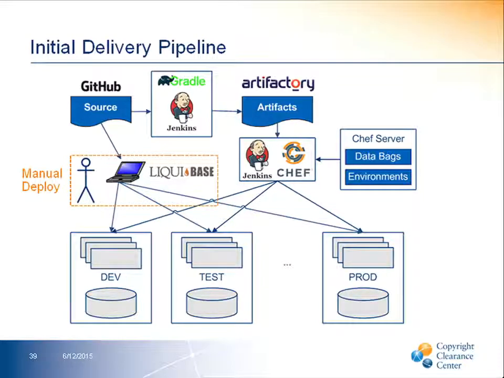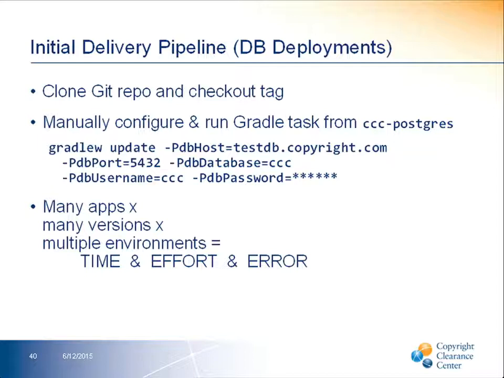So we have our operations team, our DBAs, basically checking out the Git repos from GitHub, checking out the appropriate tag for the environment, and running that same update task that we had for the developers that's parameterized, so you can, in fact, pass in the DB host and the port and the password and everything else.